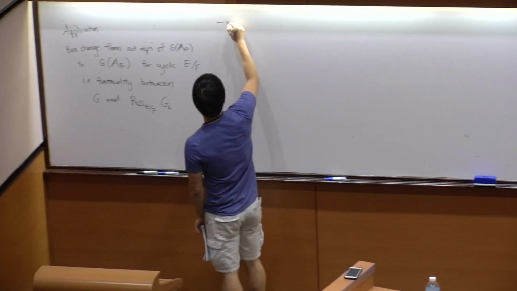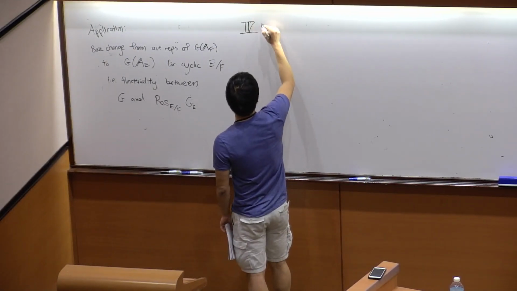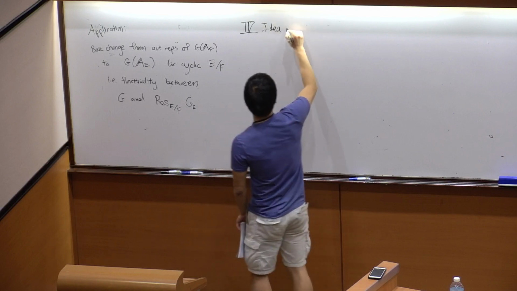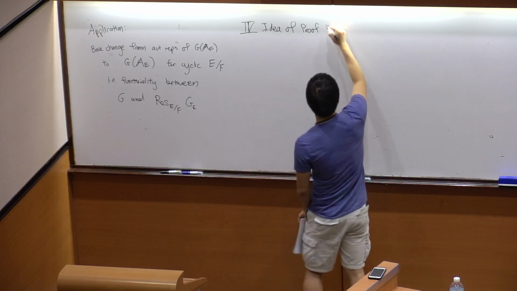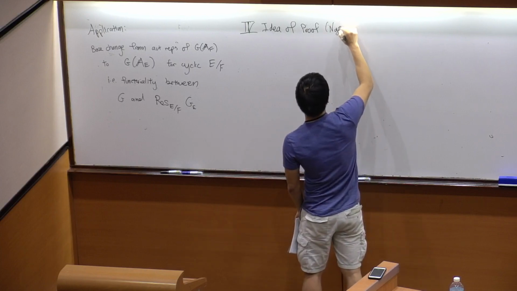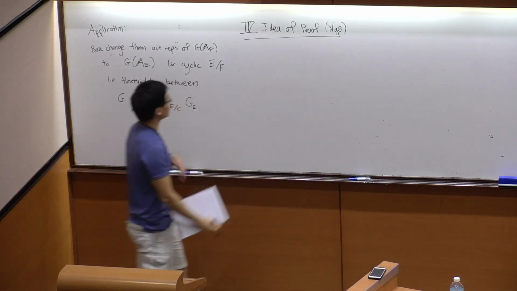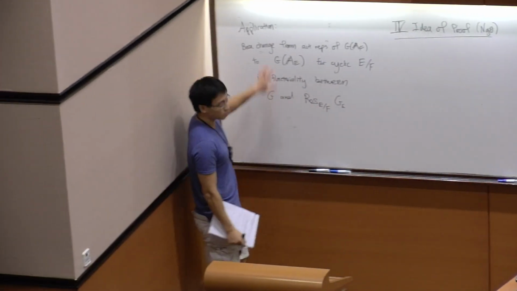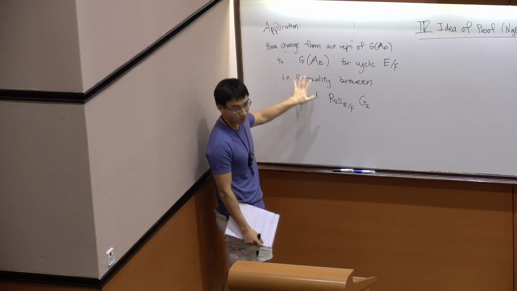Okay, so what I want to talk about next is the idea of the proof. The idea is due to Ngô, and I'll present my perspective on it. Maybe the starting point is to consider, so this is a hard problem, but the starting point is to consider a much more degenerate problem.